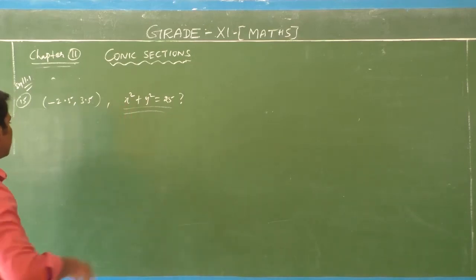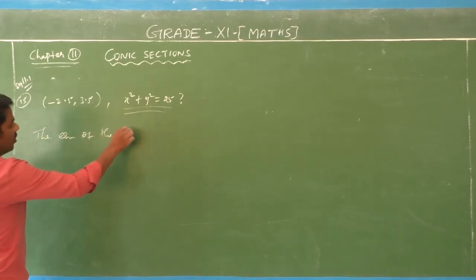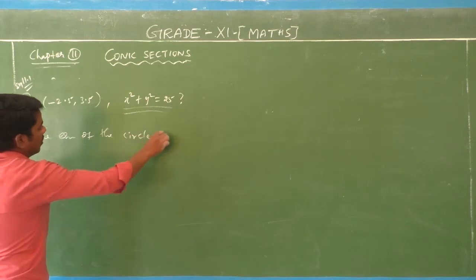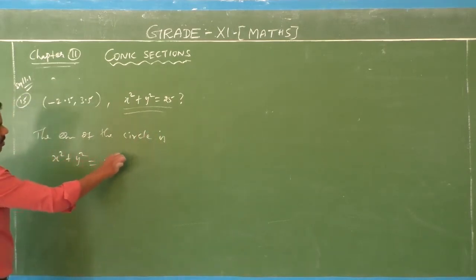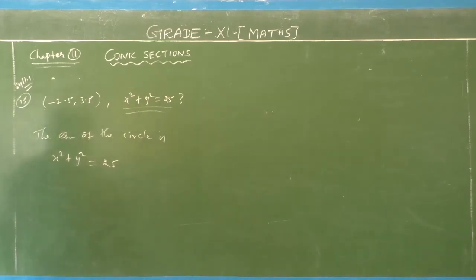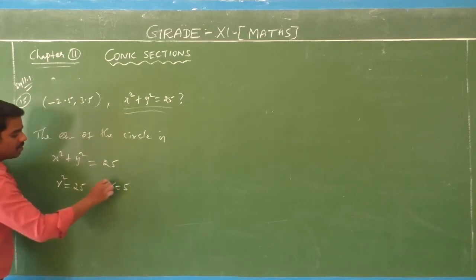Okay, fine. First, the given information: the equation of the circle is x square plus y square equal to 25. Comparing with (x minus h) whole square plus (y minus k) whole square equal to r square, here r square is equal to 25, so r equals 5.